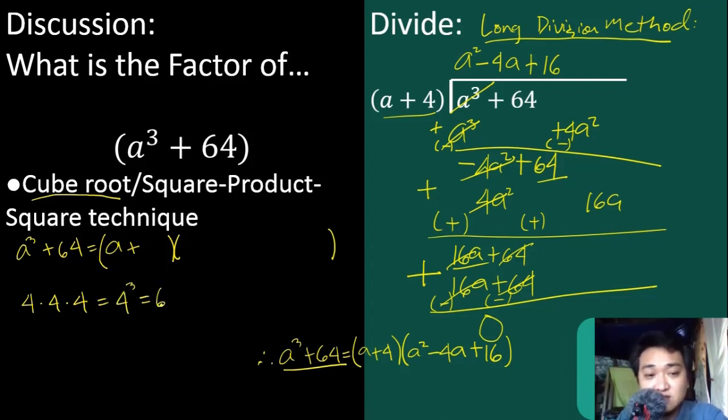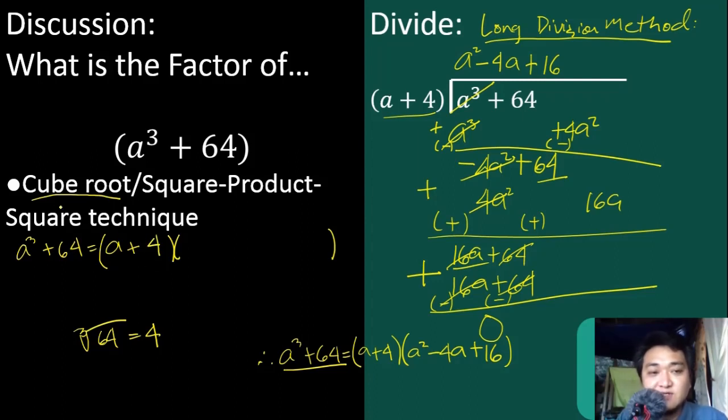So the cube root of 64 is equivalent to 4. Okay, so tapos na natin kunin yung cube root ng bawat term.